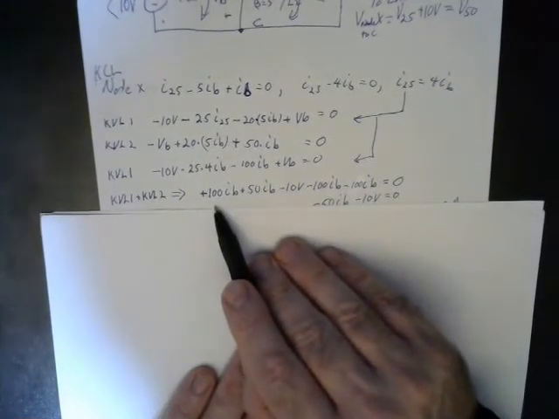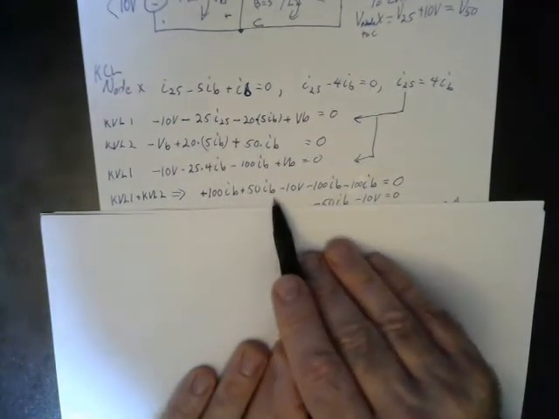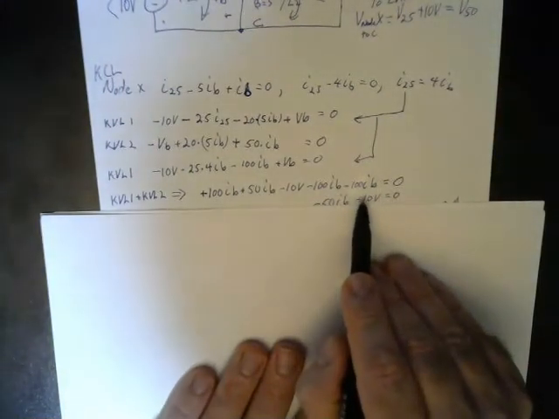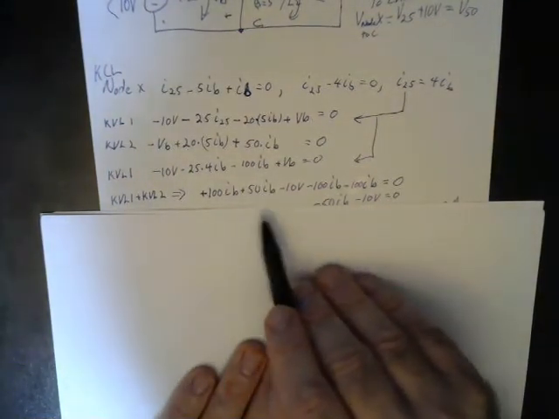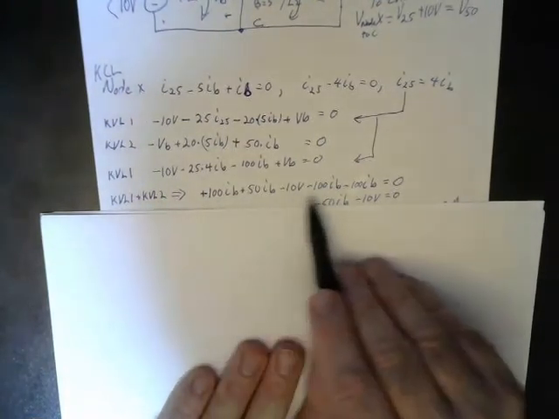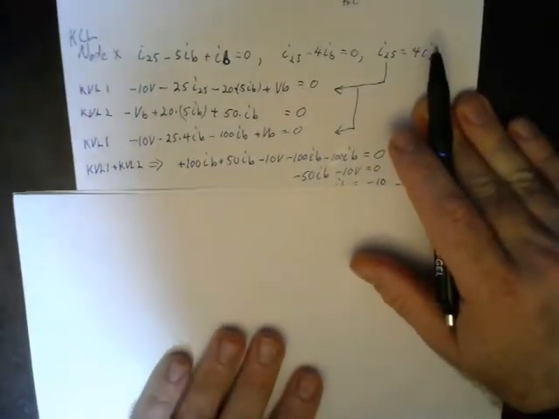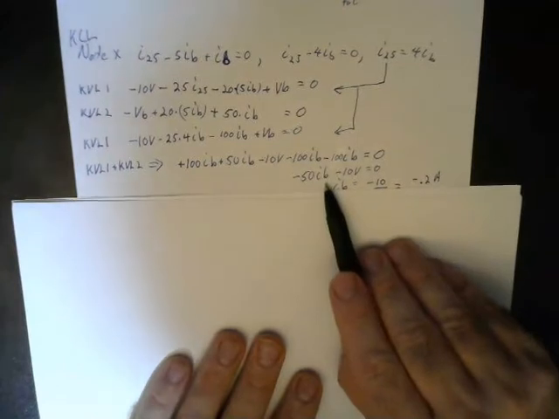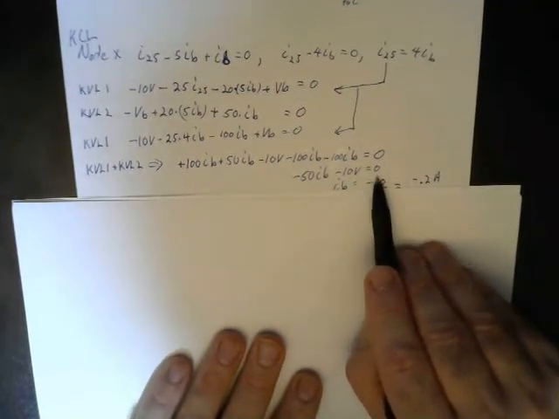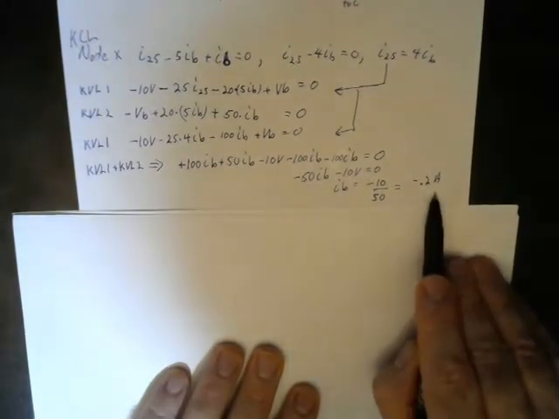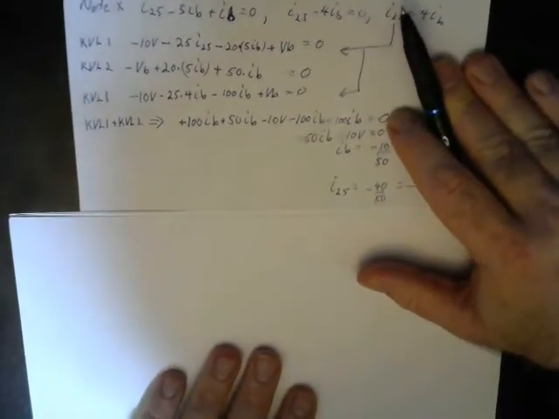And that gives me 100 IB plus 50 IB minus 10 volts minus 100 IB minus 100 IB. Actually, I think I added KVL2 plus KVL1. Not in this order, but in the opposite order. It doesn't matter, obviously. This reduces to minus 50 IB minus 10 volts equals 0. And solving for IB, I get IB equals negative 0.2 amps.